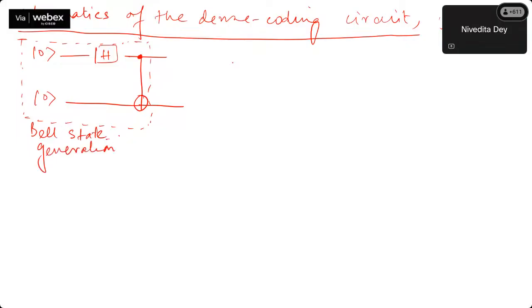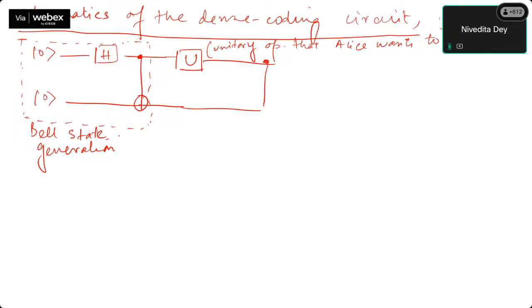After that, there is a unitary transformation on Alice's part of the qubit. So this is some unitary operation that Alice wants to perform. Then this will come here because this is a quantum input.